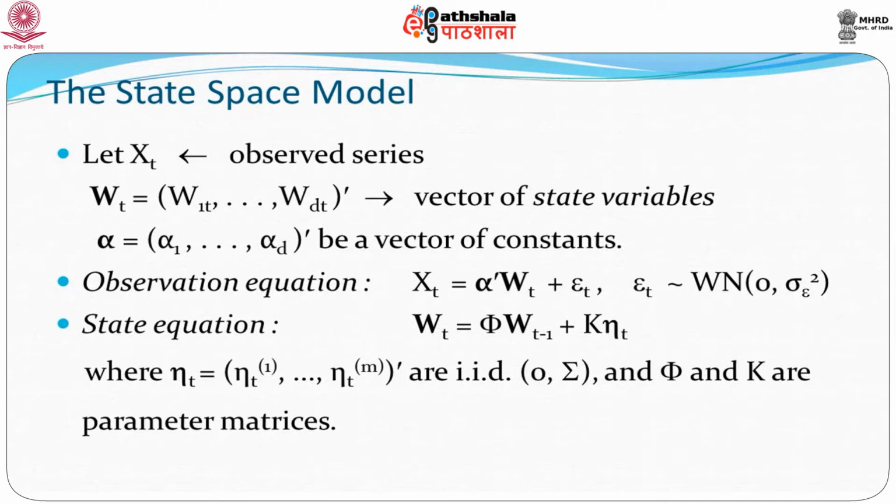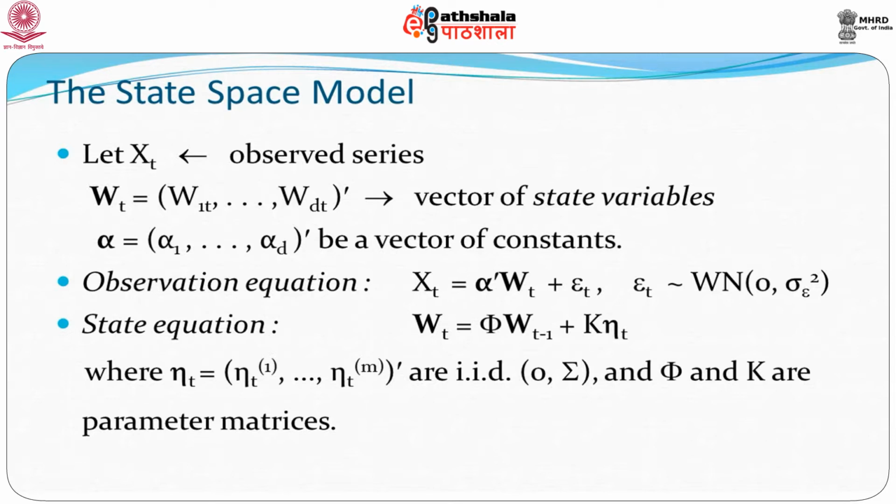To estimate the parameters of the state space model, let us very quickly go through the model itself. So, we have x t, which is the observed series, and we have d state variables, which are w 1 t to w d t, which we write as a vector w t. Alpha is the vector of constants, and using this we write the observation equation as x t is equal to alpha prime w t plus epsilon t, where epsilon t are the model errors, which are white noise with 0 mean and variance sigma epsilon square.